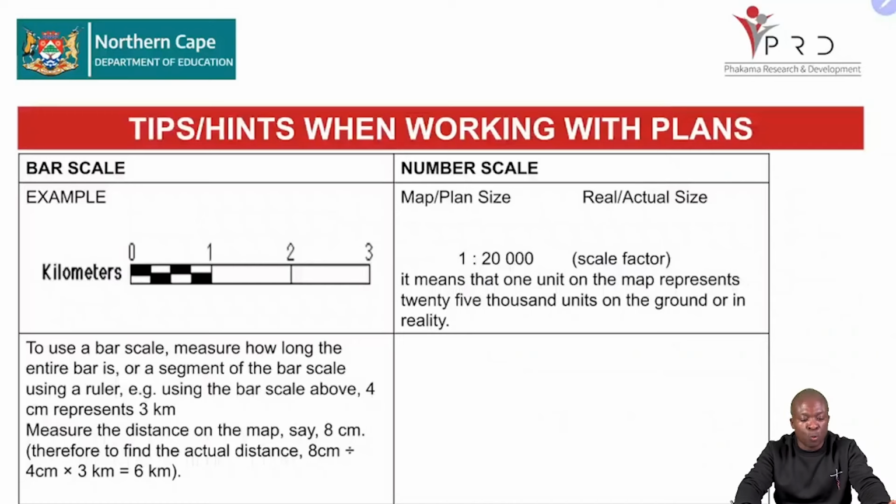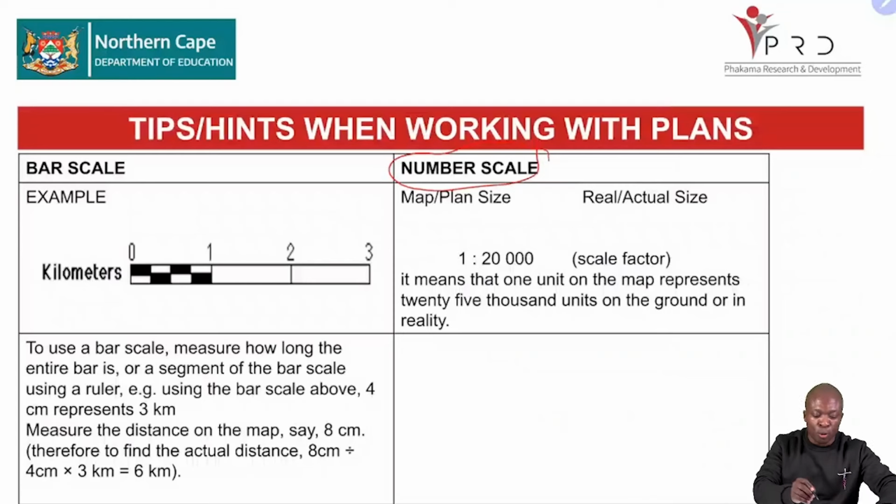On your left is what we call the bar scale. Remember, during our baseline, I was explaining to you how to use the bar scale. And then on your right side here is what we have as our number scale. So whenever you see a bar scale, remember you have to be able to change or convert the bar scale into a number scale. And how do we do that again?